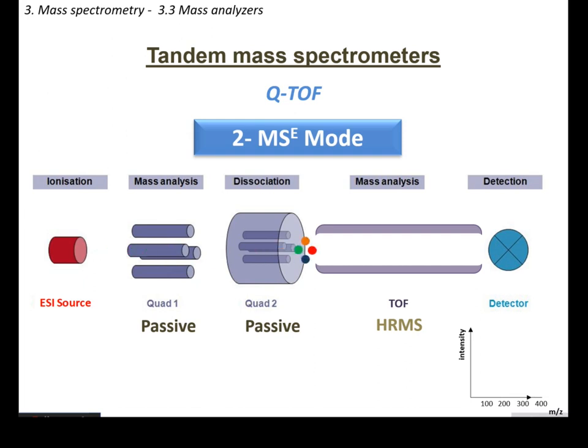And finally, you have MSE mode. In this case, the quad 1 will be either passive or active depending on the timing. So it will switch between passive and active mode. Same for the second quad, the dissociation cell. So first stage, you have a simple scan of the parent ions.